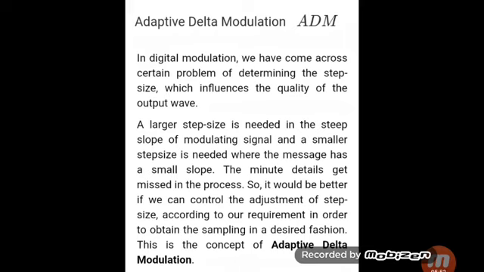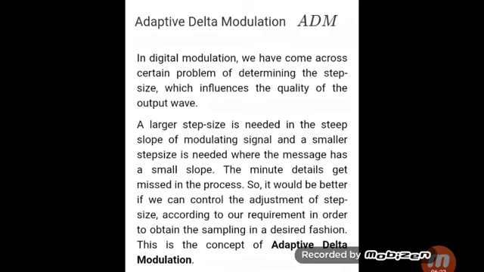The quality of the signal depends on the step size and the input signal, and it also tracks the accelerating rate of the slope. By using these three parameters, we can easily convert the information from analog to digital and maintain the quality of the signal.